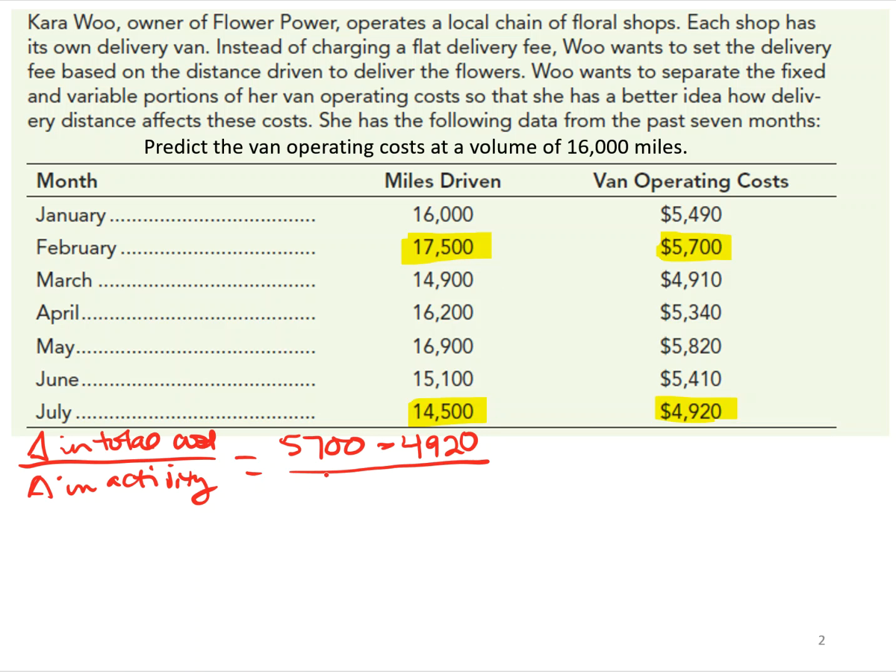Then we're going to take the difference in the two activity levels. So 17,500 minus 14,500. And that should be 780 divided by 3,000. 780 divided by 3,000 is 0.26. So that's my variable cost per unit.